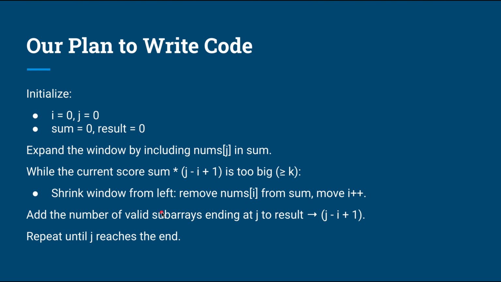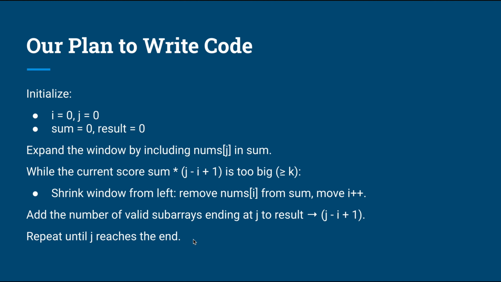So you can pause this video here and try the given code by yourself. First of all, what you have to observe when you write the Java code that we have given: initialize two pointers i and j, track the running sum, then expand by adding nums at j, then shrink if the score crosses k, and add the number of valid subarrays.